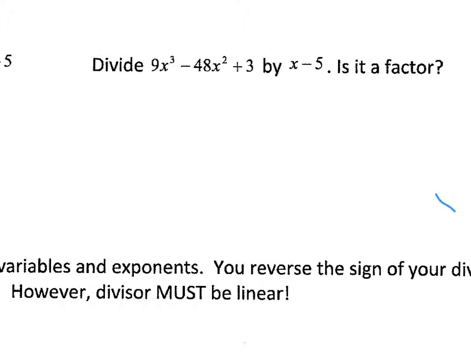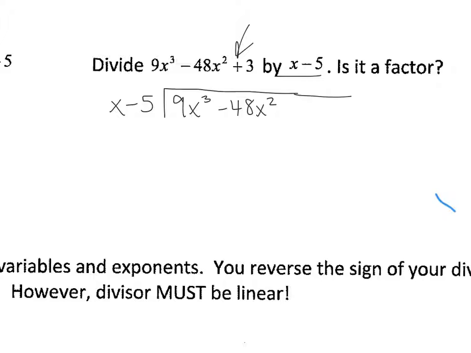Okay, now I'm going to do a different one, long division. I'm going to write x minus 5 right here. Write 9x cubed minus 48x squared. I don't have a linear term, so I'm going to write plus 0x just to hold that in place, plus 3. So the top is going to be 9x squared, and I'm going to multiply that.